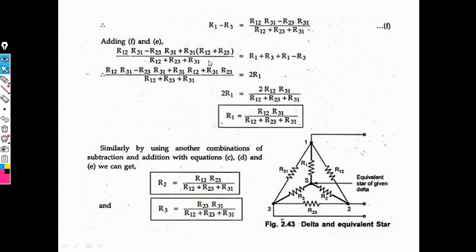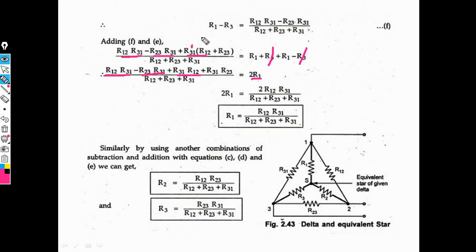Okay, now here we need the next equation. Then here R3 minus R3 gets cancelled. Then R1, twice R1. Okay, then R12, R31 as it is. Then R31 and R23 as it is. Then R31, R12 as it is.